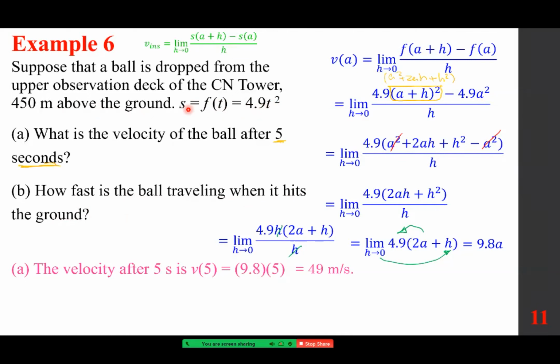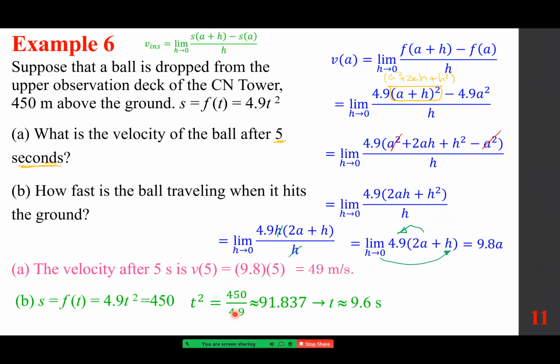So I got to set this equal to 450 to find the T. So T squared is 450 divided by 4.9 using a calculator. So 450 divided by 4.9 gives me 91.837.